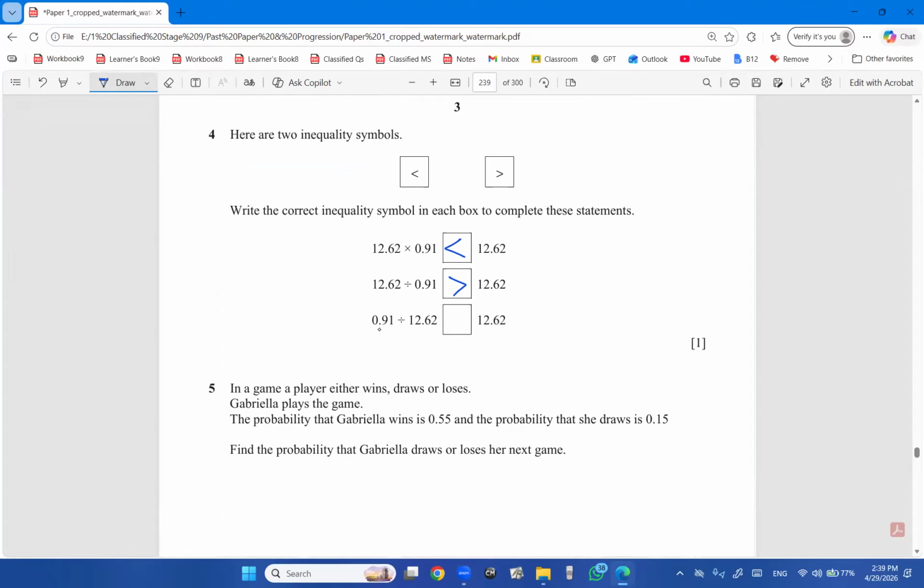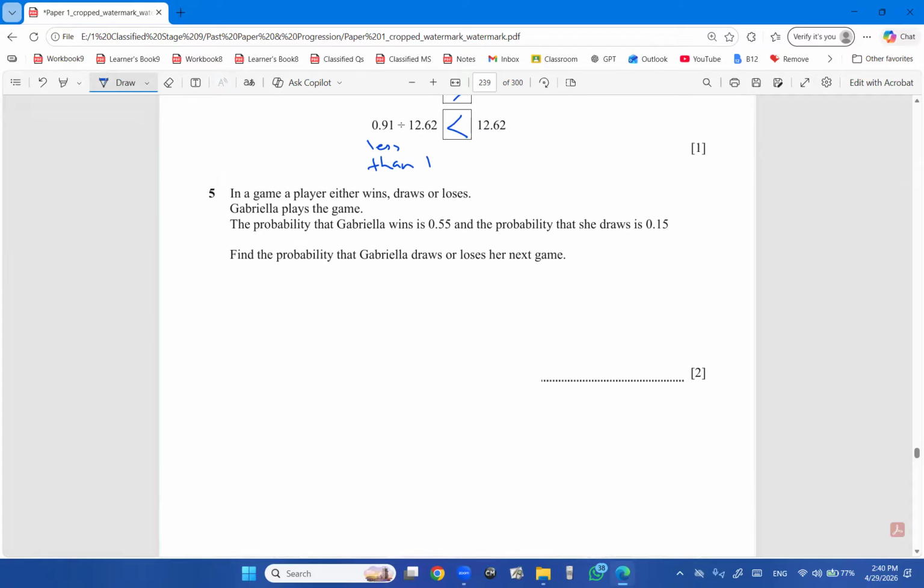If you divide small by big, definitely the answer is going to be less than 1. Less than 1 whole. So just imagine comparing it with 12.62. So it is definitely going to be smaller than 12.62 because small divided by big is definitely less than 1.